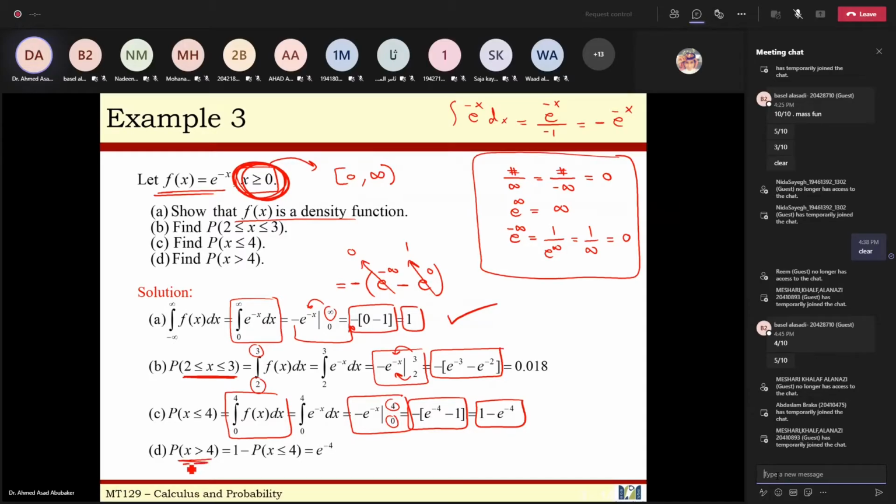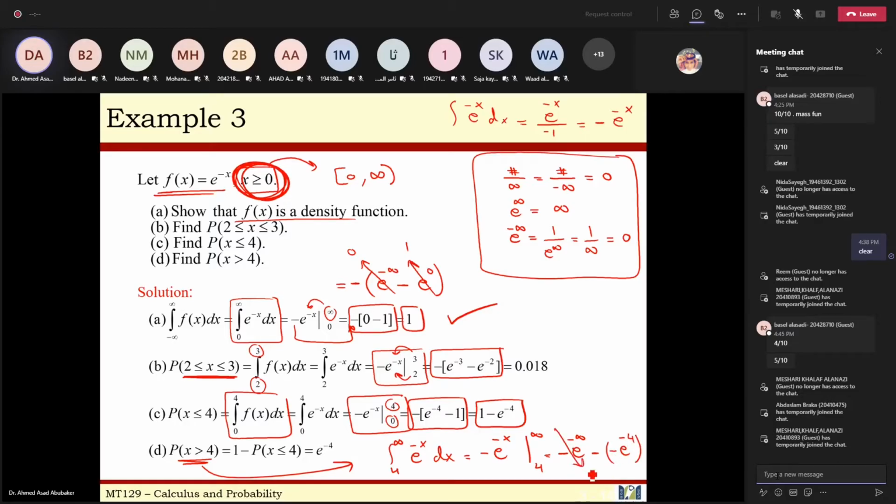If we need to find x greater than 4, we can find it from 4 to infinity. For the integral of e to the power negative x dx, this is equal to negative e to the minus x, from 4 to infinity. This is equal to substitute infinity, negative e to the power negative infinity, minus substitute 4, negative e to the power negative 4.